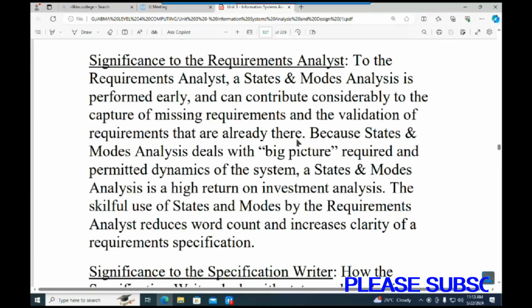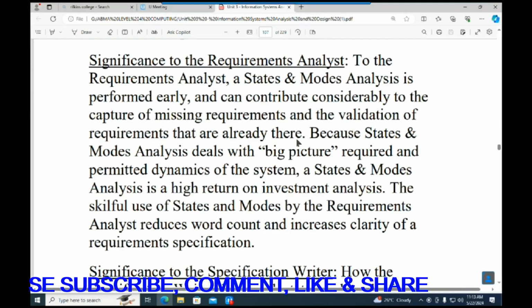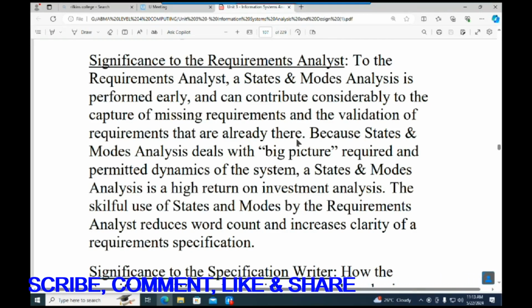Now you need to remember that both states and modes analysis is performed in the early stages of requirements analysis, and this is going to contribute to the process of capturing any missing requirements, and also to the process of making sure that we validate the requirements that are available.